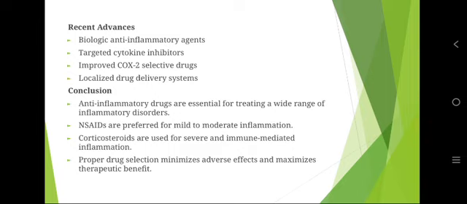Conclusion of anti-inflammatory drugs: anti-inflammatory drugs are essential for treating a wide range of inflammatory disorders. Non-steroidal anti-inflammatory drugs are useful for mild to moderate inflammation, and corticosteroids are powerful drugs for severe inflammation.